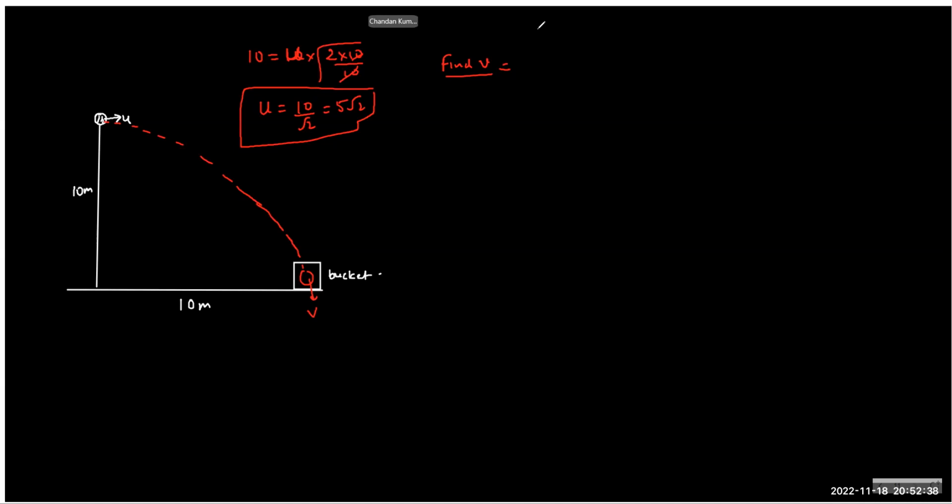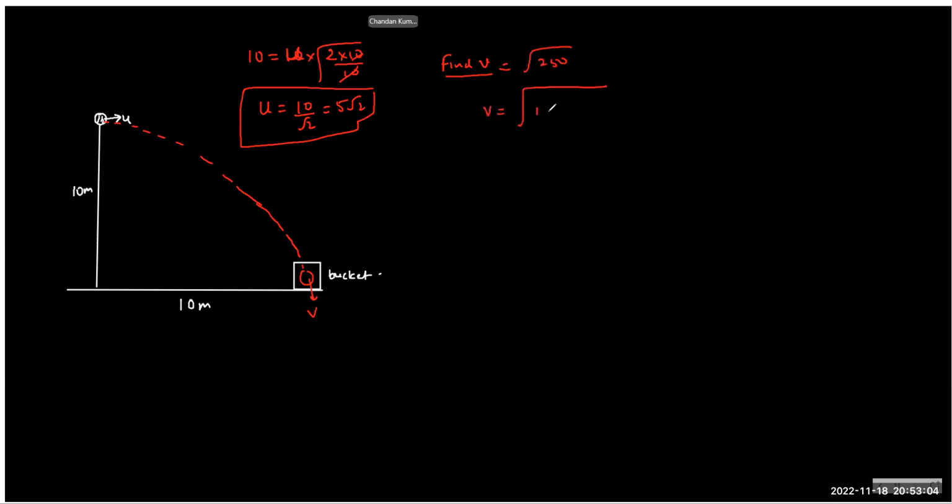This is that formula, right? You can derive it. That's fine. It is 25 plus 20 into 10, which is root 250. Correct, it's root 250.